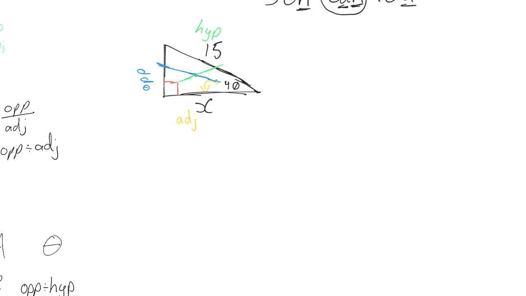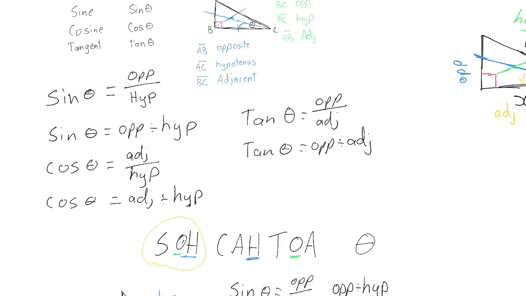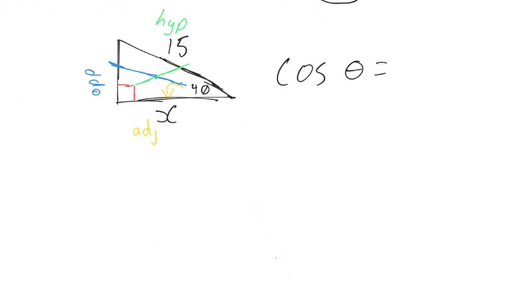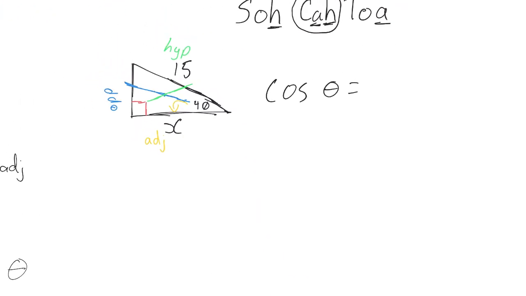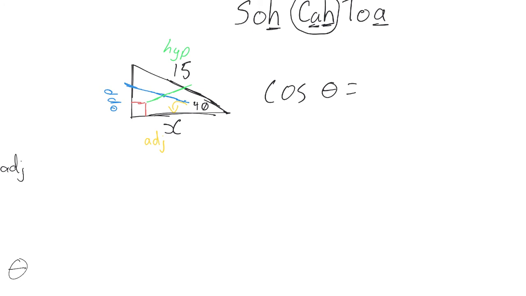That's how we identify that we're going to use cosine theta. And we know from looking over here that cosine theta is going to be adjacent divided by the hypotenuse, or adjacent over hypotenuse.